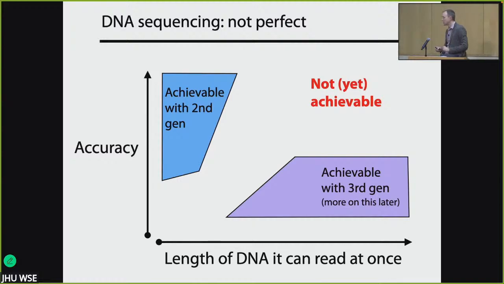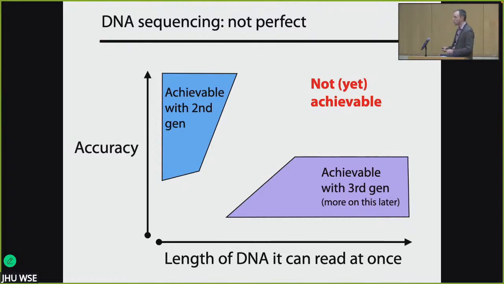Here's an analogy: I can read, I'm happy to report to you, but if you were to give me a long book and say, Ben, please read this book from beginning to end without stopping or making any mistakes, I wouldn't be able to do that, right? I would have a coughing fit, or I'd lose my voice, or something else would happen. Similar limitations for sequencers. They cannot read long sequences with high fidelity, okay?